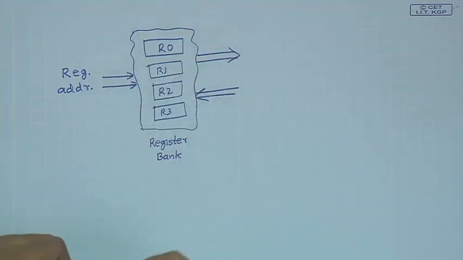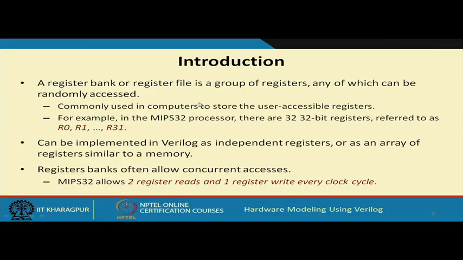This is the concept of a register bank. To summarize, I can use the registers individually as variables and read and write them by their names, or I can treat them as a group just like a memory element and read and write from there.